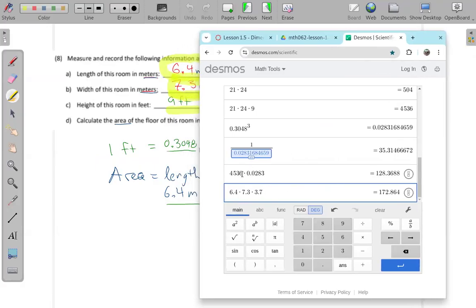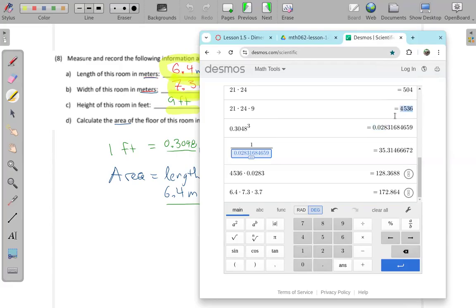Okay, alternatively, let's see, did I get this 4536 right? Let's see, that's 21 times 24 times 9, 4536. Okay, and then I have my 0.0283 here, which came from my 0.3048 cubed. That looks okay too.